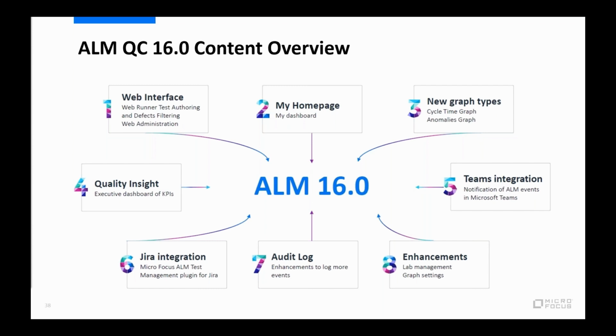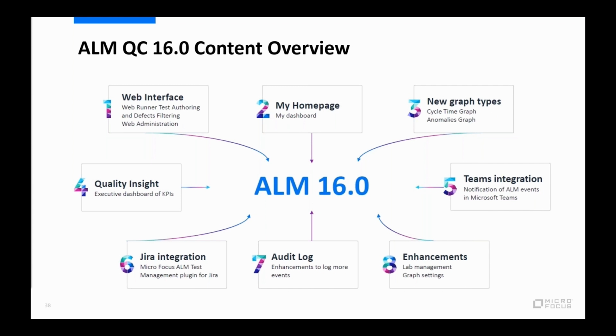Then we have quality insight, which is on tech preview, but it has features to create KPI cards from executive dashboard perspective. Then we have the Teams integration, which would be very handy for the teams to work on ALM and get in touch with the users that are involved in the project.